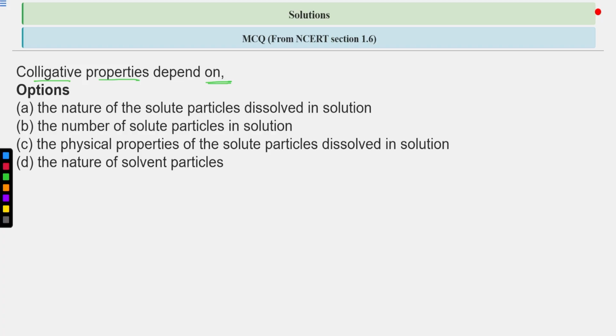The four options given are the nature of the solute particles dissolved in the solution, the number of solute particles in the solution, the physical properties of the solute particles dissolved in the solution, or the nature of solvent particles.